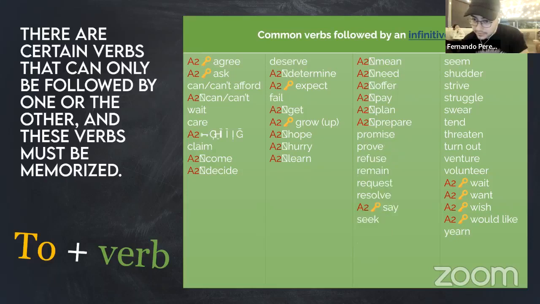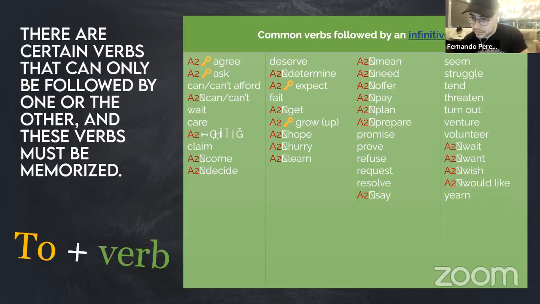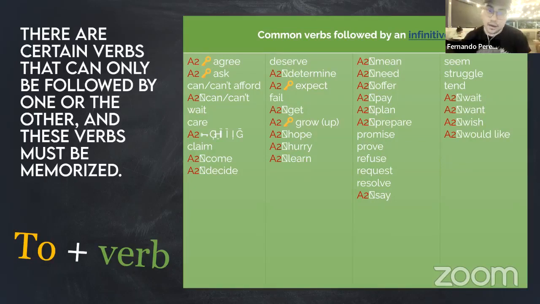Promise is important. Refuse is important. Remain is not important. Request or solve, seek is not important. This is also not important. Trouble is important. Swear is not important. Tempt is important. Pronoun is not important. Nature is not important. Volunteer is not important. And here is not important. The rest are important. So memorize this list versus the other.